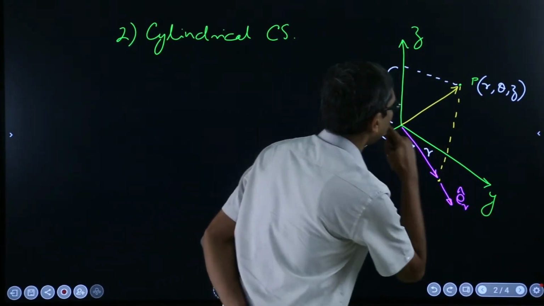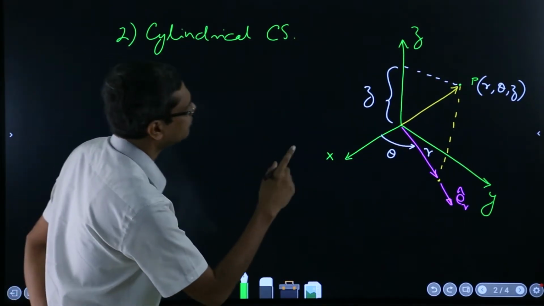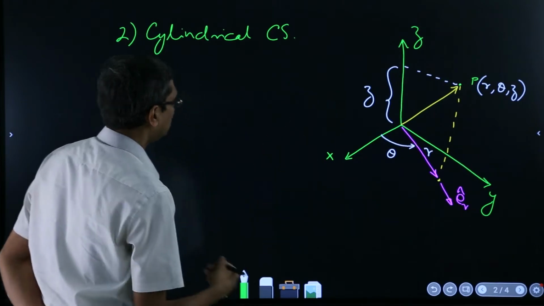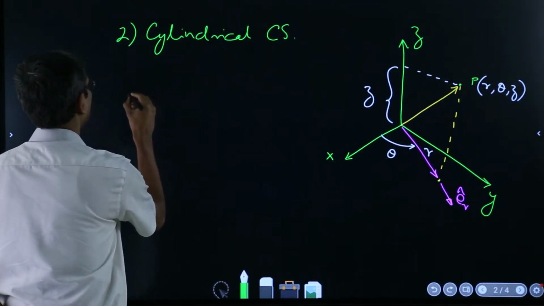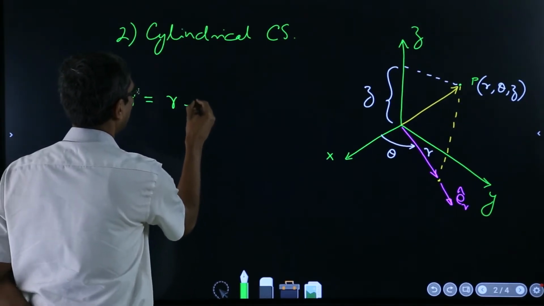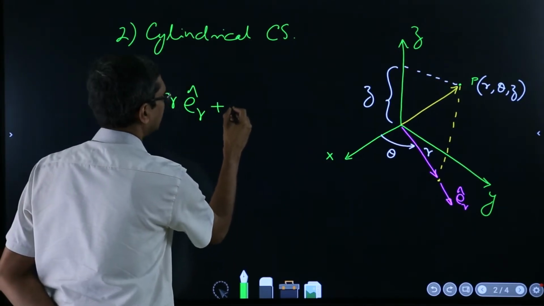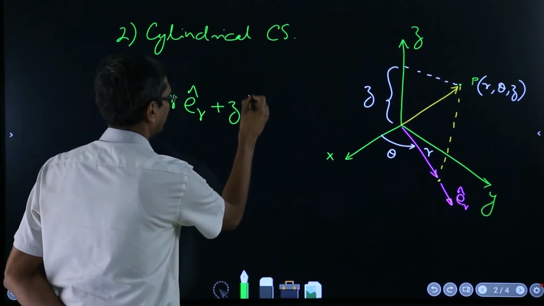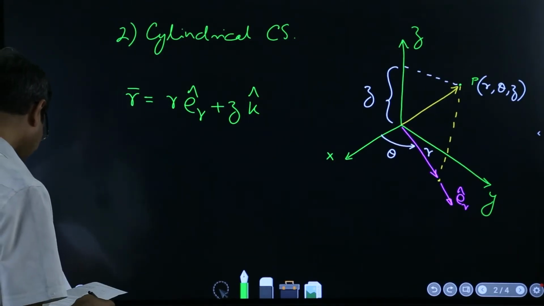Having said that, we can represent the position of that point as r = r e_r plus z k. So like that we can represent it.